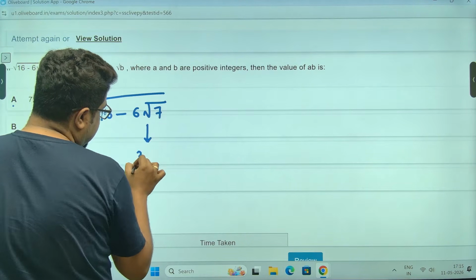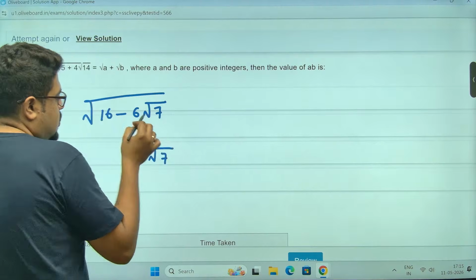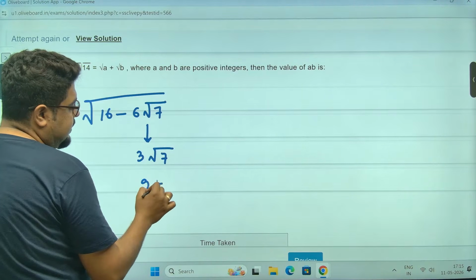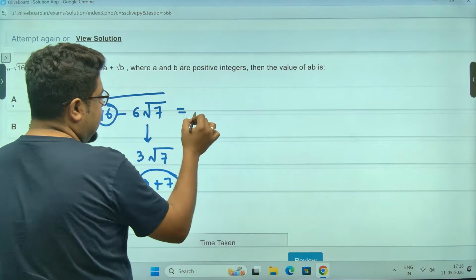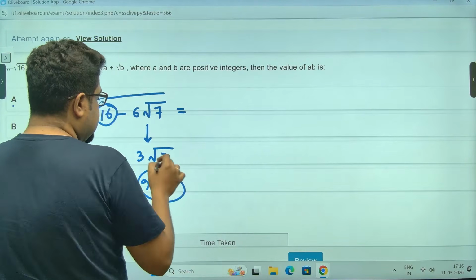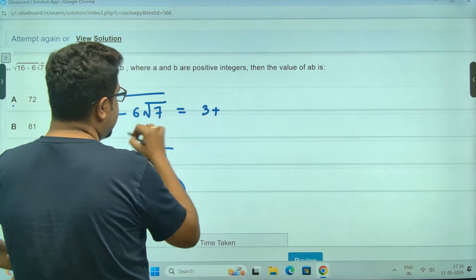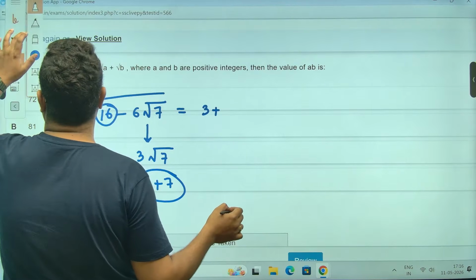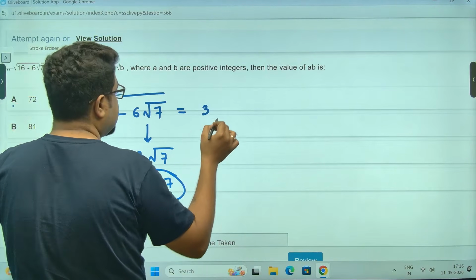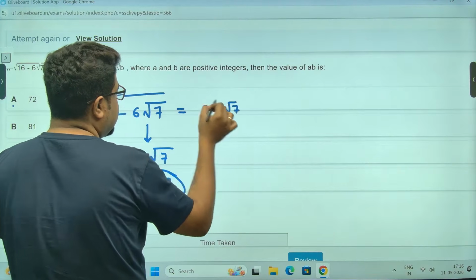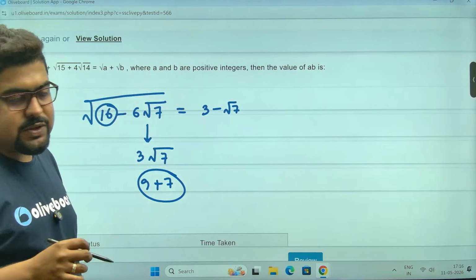So this is 3 root 7, sir. So 3 square is 9 plus 7, 9 plus 7 is 16. So this I can write as 3 plus root 7 whole square. Sorry, 3 minus root 7 whole square, because the intermediate sign is minus. So if you get rid of this, it is 3 minus root 7.